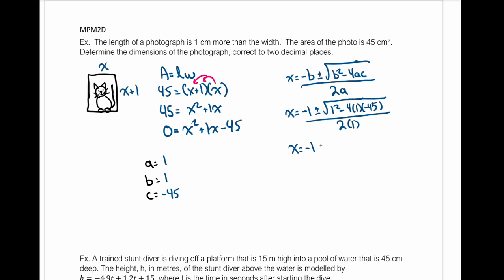If we simplify it, negative 1 plus or minus the square root of 1 minus, so 4 times 1 is 4, times negative 45, negative 180, all divided by 2. x equals negative 1 plus or minus the square root of 181, all divided by 2.